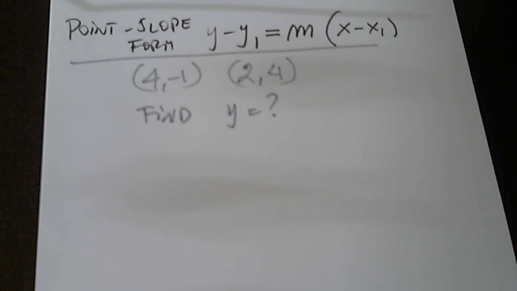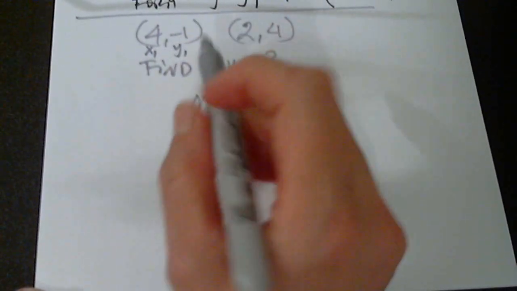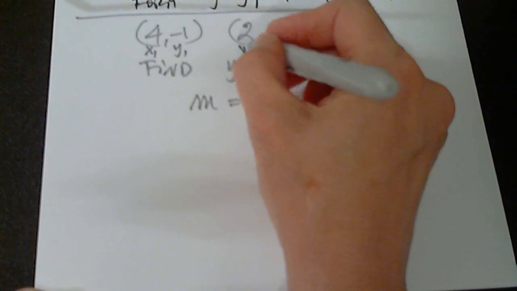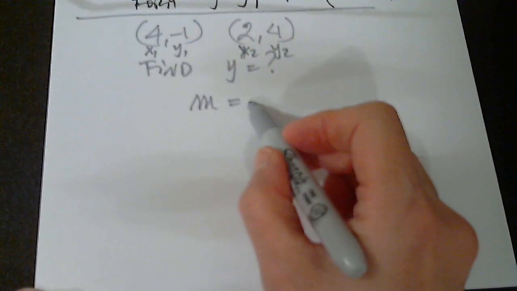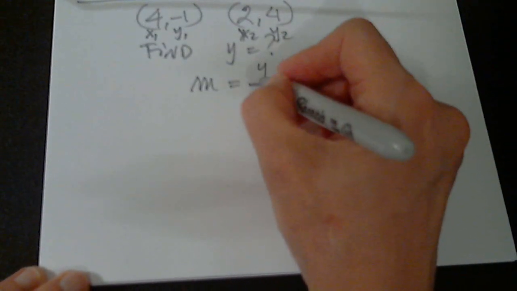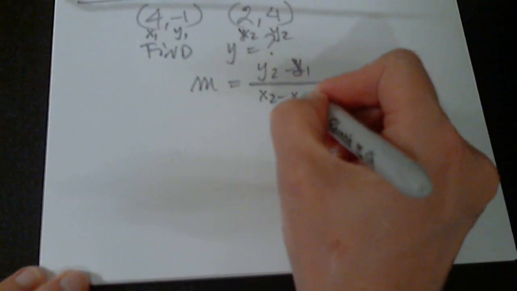Yes, of course. So what I would do, just to make sure I don't miss anything, I will label them x1, y1, point 1, x2, y2, point 2. I would make sure that I write the definition so I don't miss anything. y2 minus y1 over x2 minus x1.